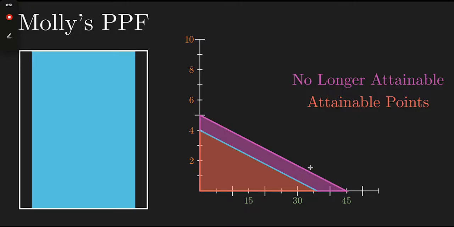But because we've cut back our hours, for whatever reason, we no longer have the ability to produce these given our new level of labor. And this is fine. Let's say Molly is deciding to spend more time with her family. That's a really good use of your time. It just means that we have fewer points that are available to us.